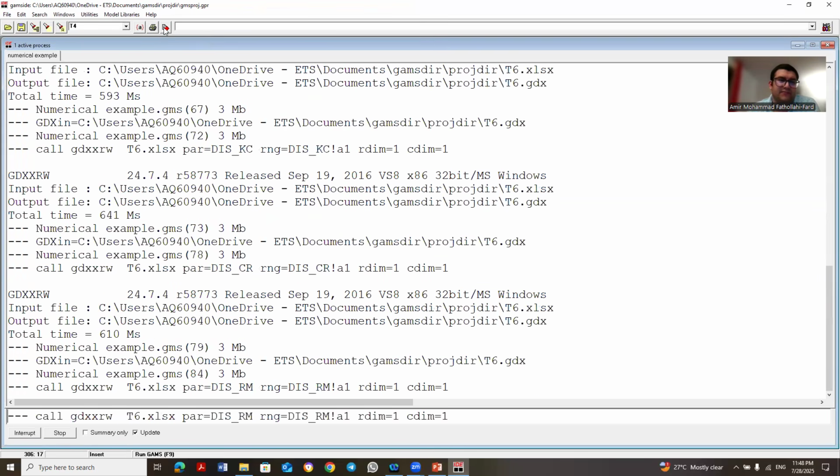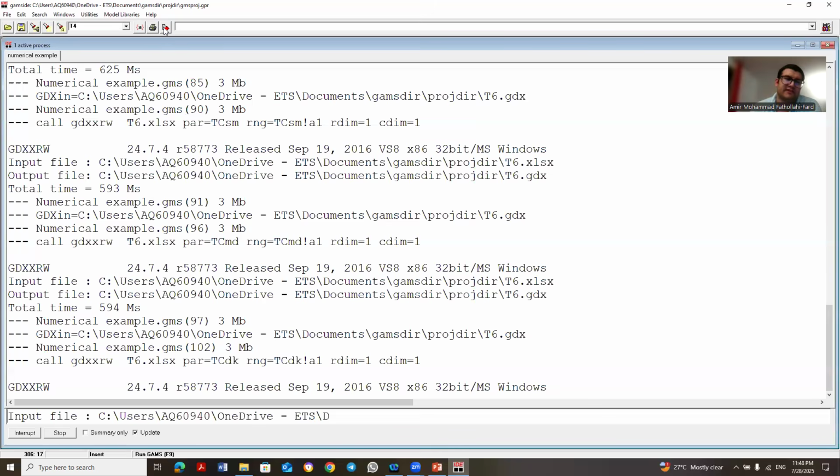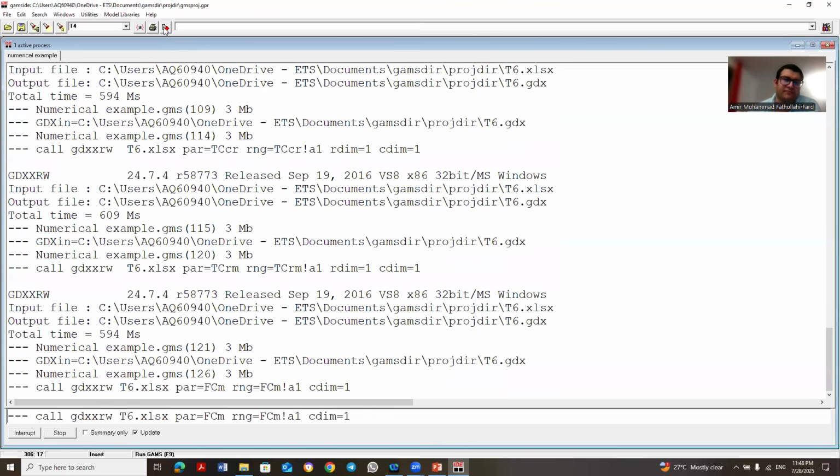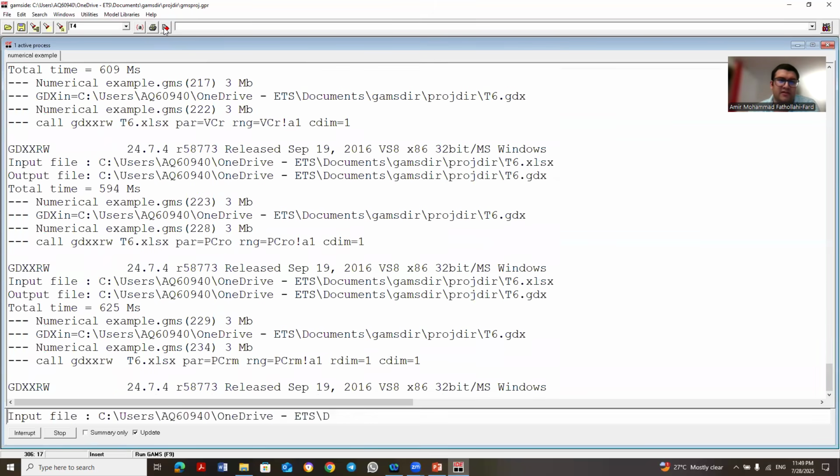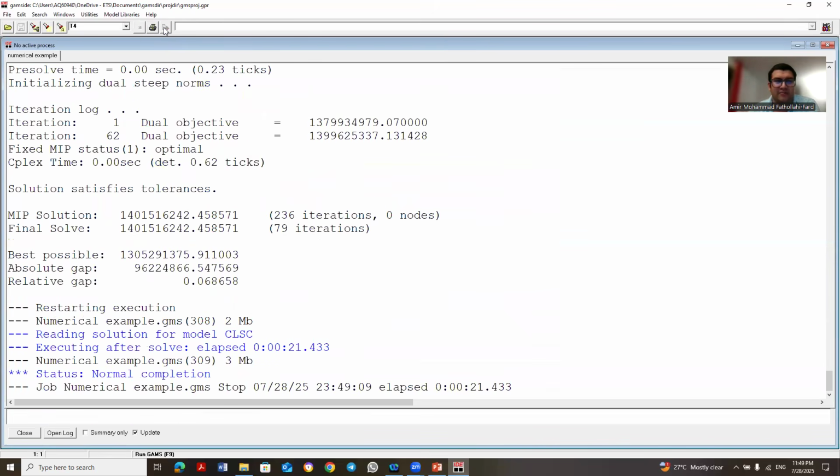As you can see, it first calls the data from the Excel file, and after calling the data, it starts solving the model. Since it is a very small example, including very few facilities, you can see that the optimal value is found in a reasonable time, around 20 seconds, with a gap around 6% from the GAMS software.